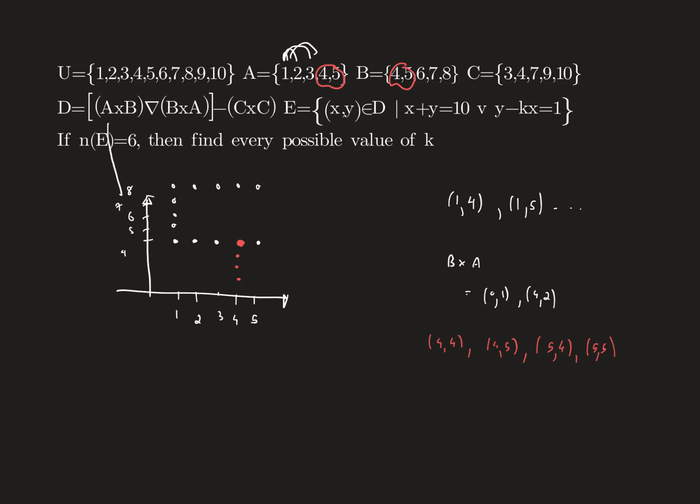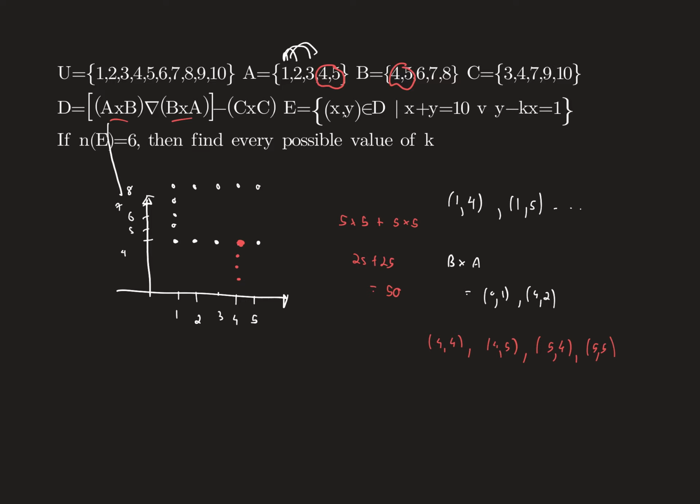So for the number of elements of A times B union B times A, the number of set A is 5 and the number of set B is also 5, and for B times A, B is 5 and A is 5. So when you union this set with this set, you might think the total number of elements is 25 plus 25, which is 50.